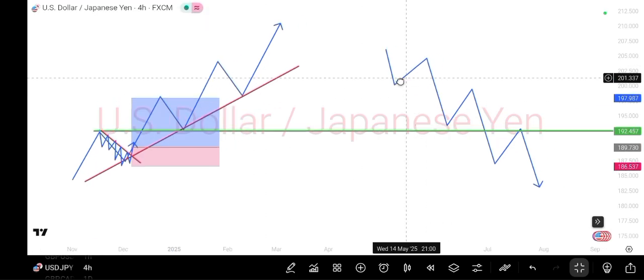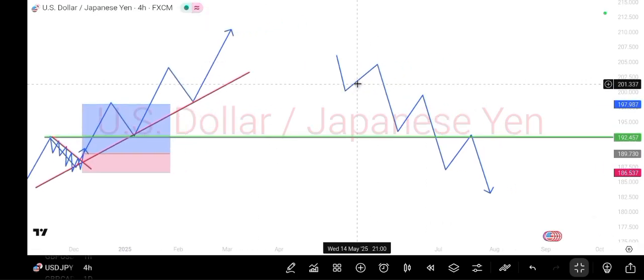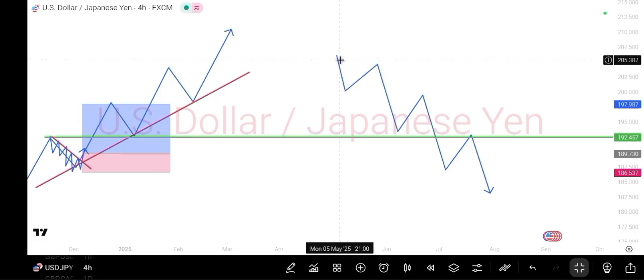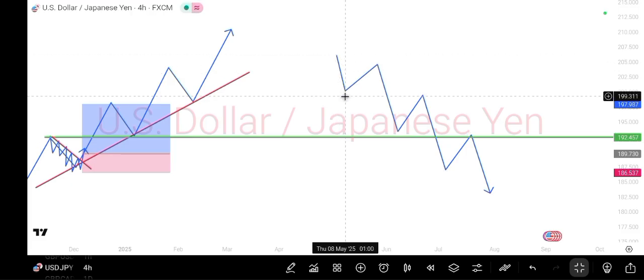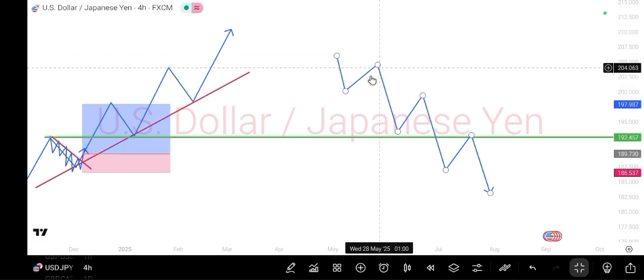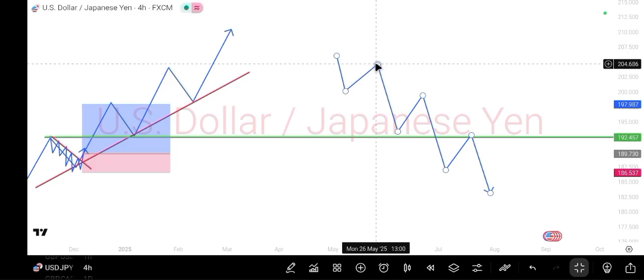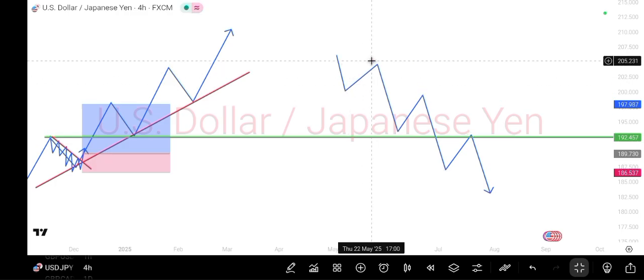Now on a downtrend market, this is a downtrend. The retracement of a downtrend market is going to be a buy trend, which is an uptrend. So the retracement of a downtrend market is a buy trend.